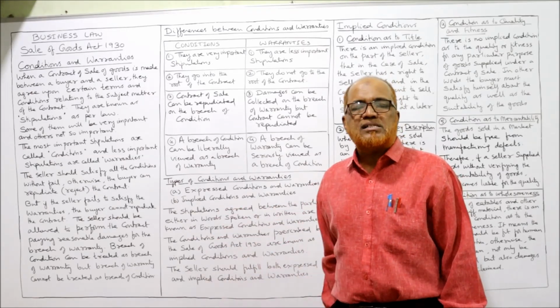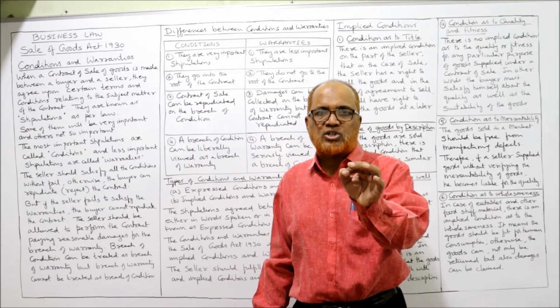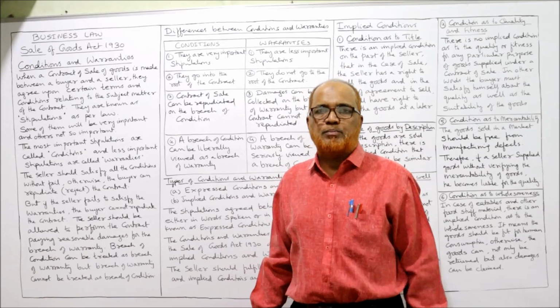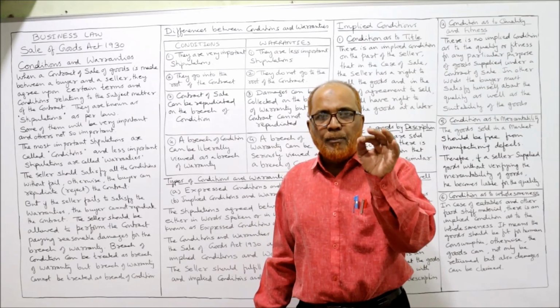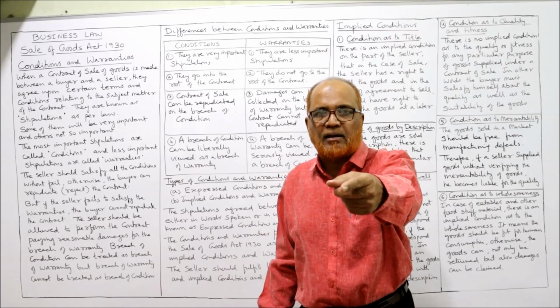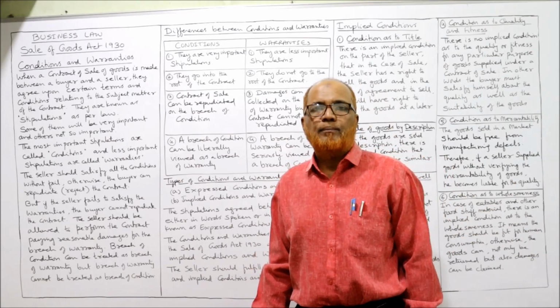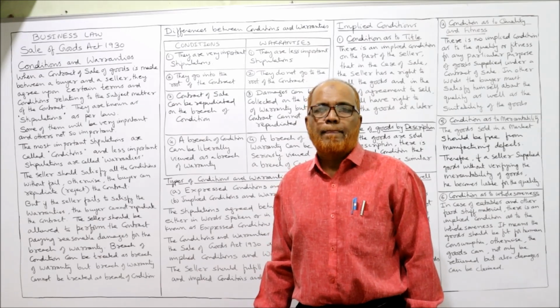Now we can divide the stipulations into two categories: important stipulations and less important stipulations. The very important stipulations made by the seller to the buyer regarding the subject matter of the contract are called conditions.